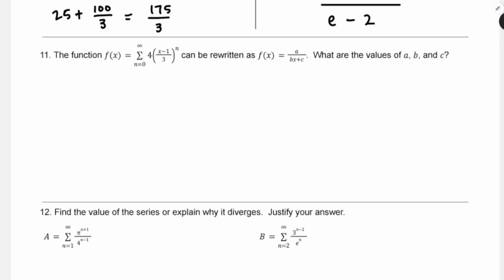Right, now, number 11. The function f can be written as f of x equals a over bx plus c, where the values of a, b, and c. So we can rewrite it because it's a geometric series.